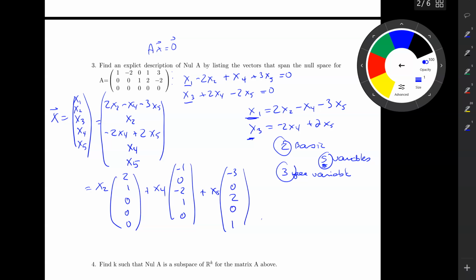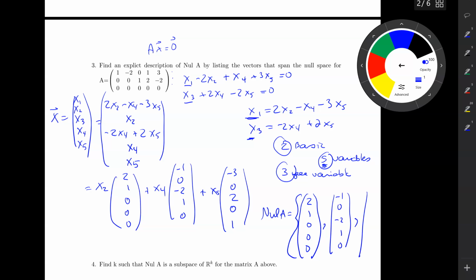So how I say the solution is I say null A is equal to, with those squiggly brackets, which means the span of, and I just list these 3 vectors with commas between them. Negative 3, 0, 2, 0, 1, and then I ran out of room to put the closing squiggly bracket at the end there. So that's my spanning set.